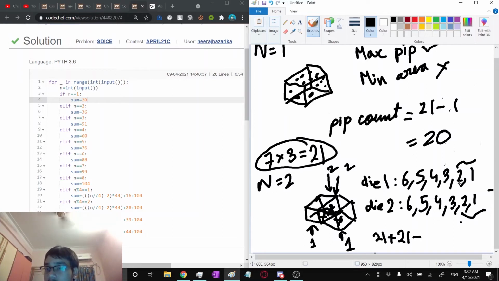And minus 3 from die 1, minus 3 from die 2. And what our solution would be is 42 minus 3, 39 minus 3, 36. Our sum would be 36. This is the pip count.